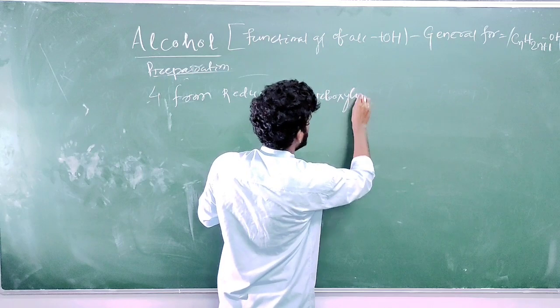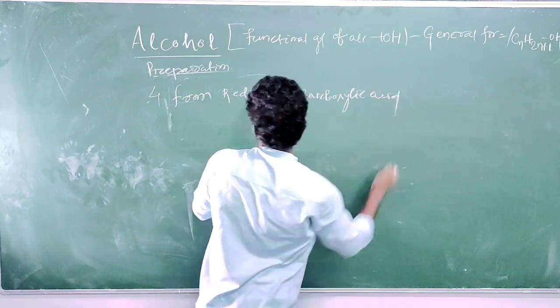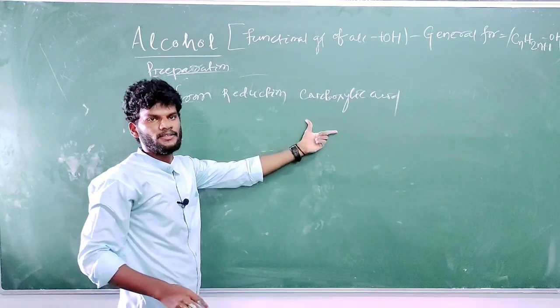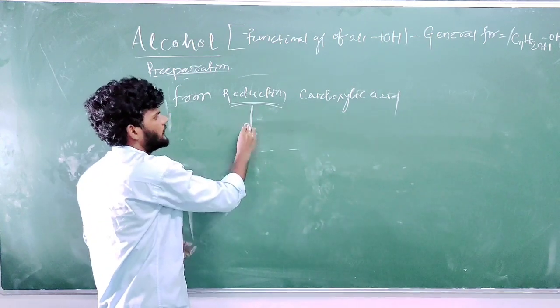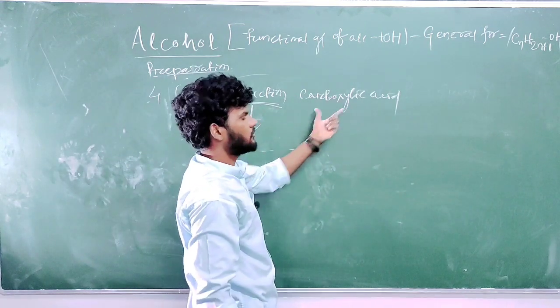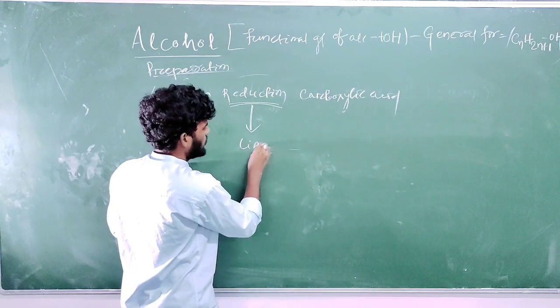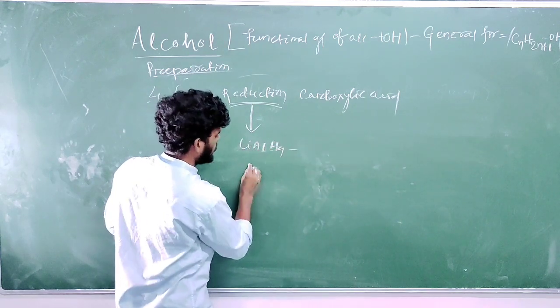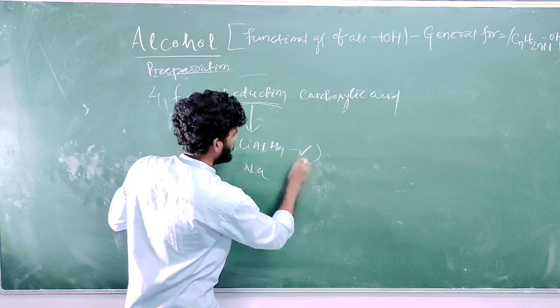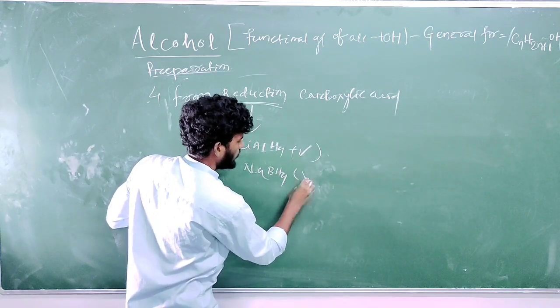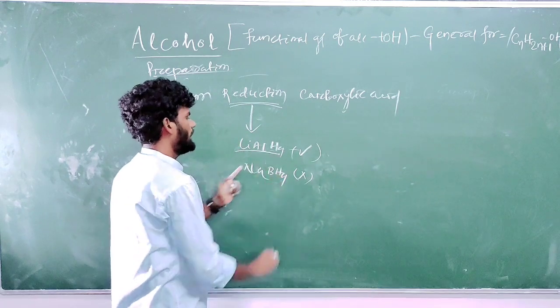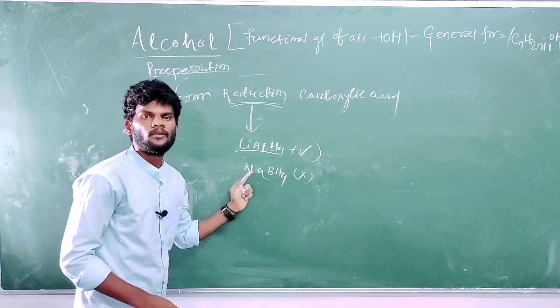From the reduction of carboxylic acid, similar reducing agents, but the only reducing agent that can reduce carboxylic acid is lithium aluminum hydride, not sodium borohydride. I have just before told you lithium aluminum hydride is more reactive than sodium borohydride.